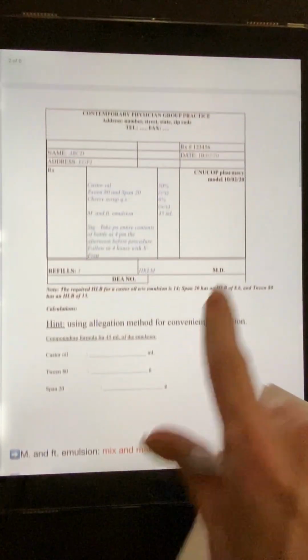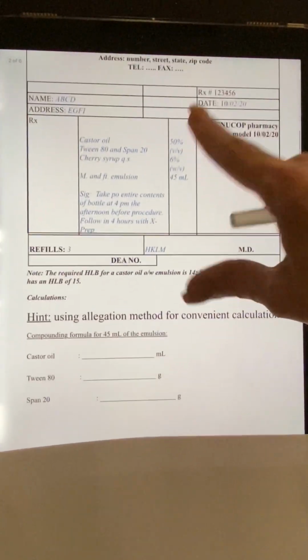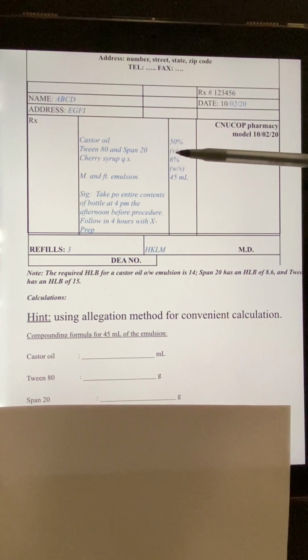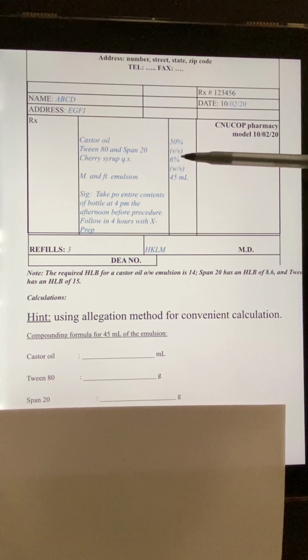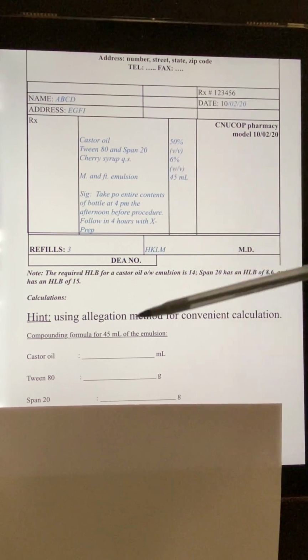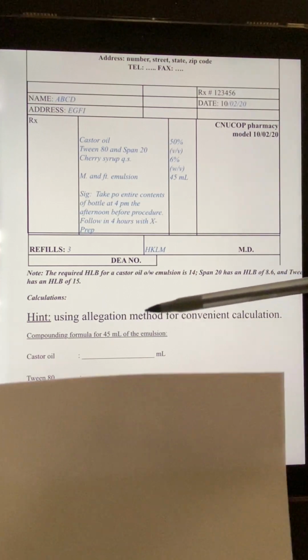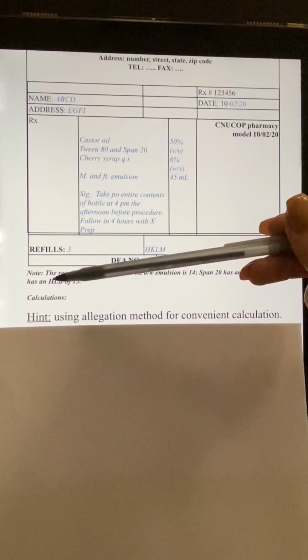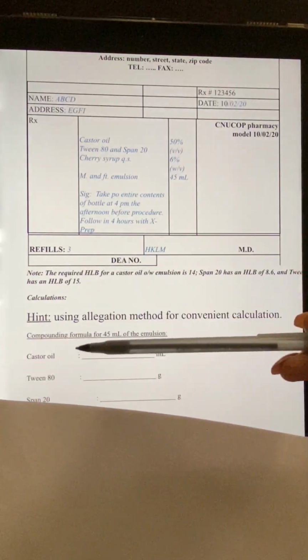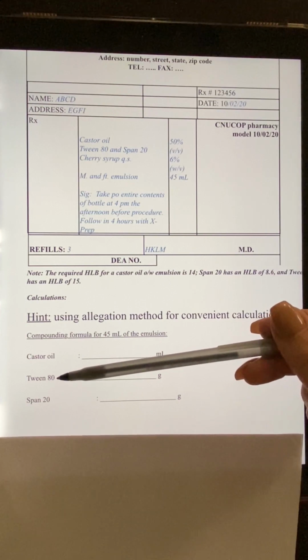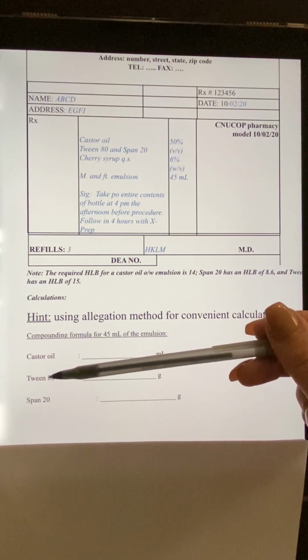Before starting the calculation, looking at the prescription, you can see that you have been given the concentration as volume per volume, weight per volume. You're going to make 45 ml of this emulsion, and you are given HLB number for the two surfactants that you're using here. Don't get distracted by the numbers that are here as 80 and 20.